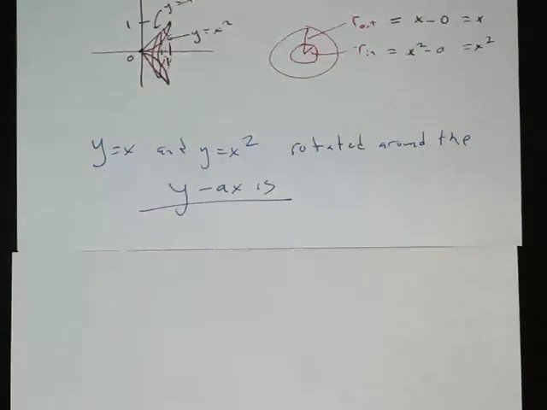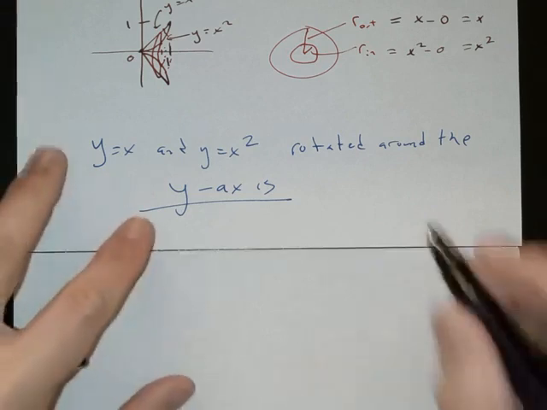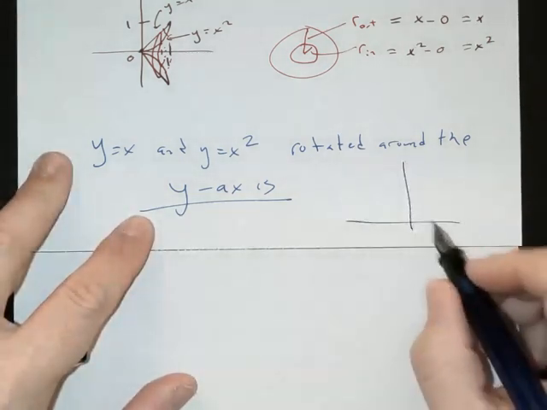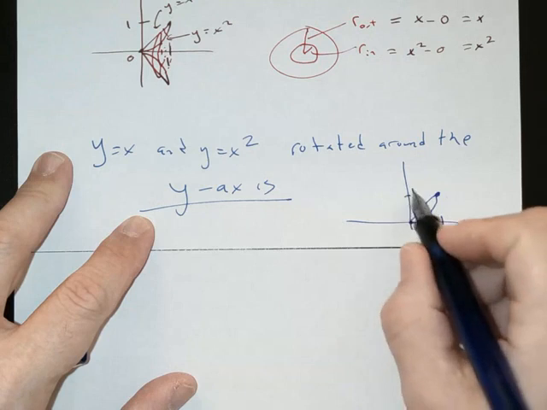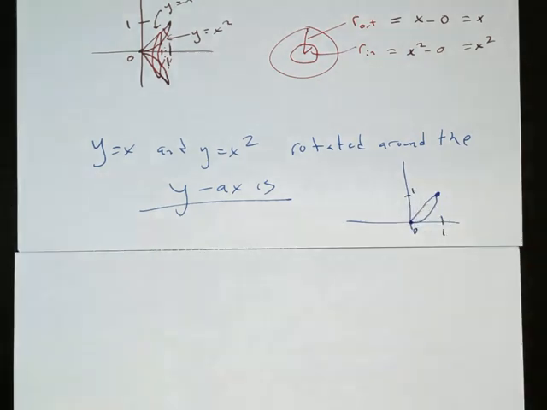Remember, I have a parabola and I have a line, but now instead of going top to bottom, I'm rotating left and right. I need to redraw my picture. The other piece now is not down, it's across.